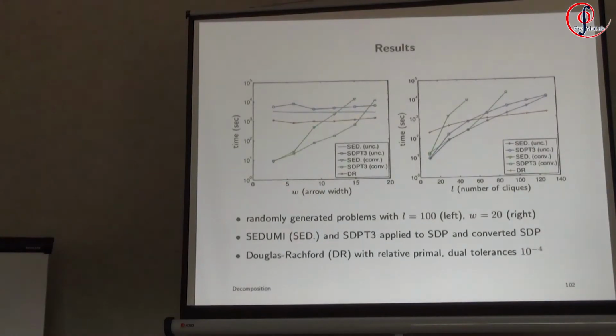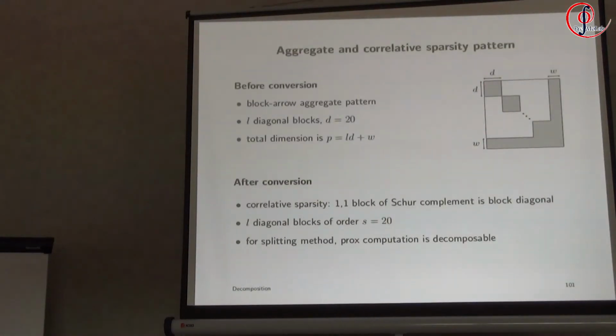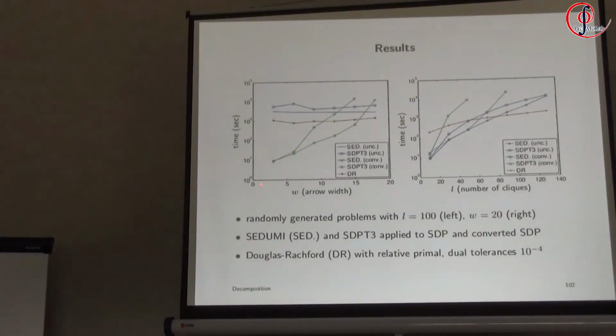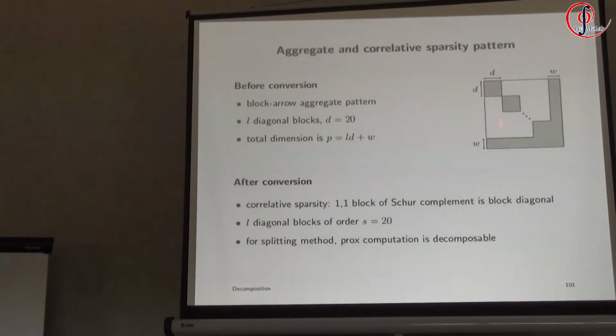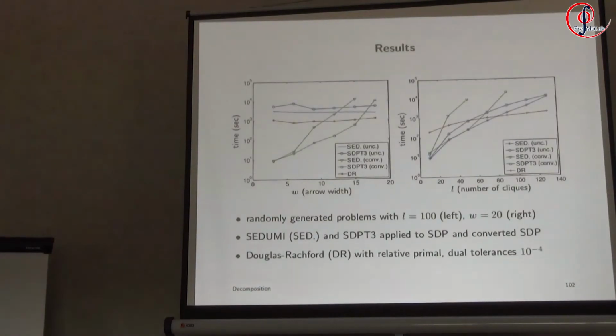So for L equals 100, the number of cliques is 100, and as a function of arrow width, we see the conversion method, the green curves, initially gives a very good solution. For a small amount of overlap, for a small W, this conversion method works very well. It's much faster than the interior point method before conversion or the splitting method.